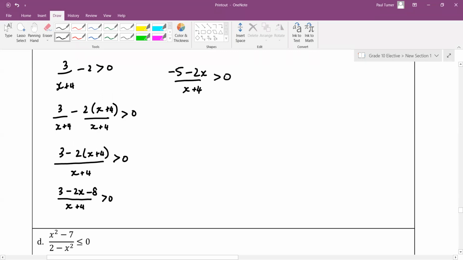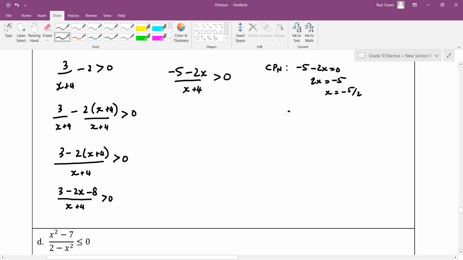Let's just keep track of my work. Right, so your critical point from the numerator will be -5 minus 2x equals 0. So 2x equals -5. So x is -5 on 2. Just rearrange that. So -2.5, that's your first critical point.